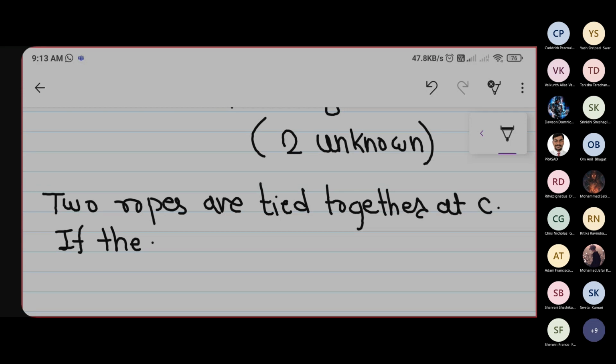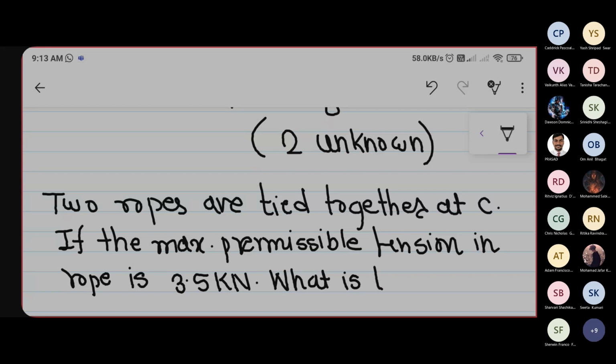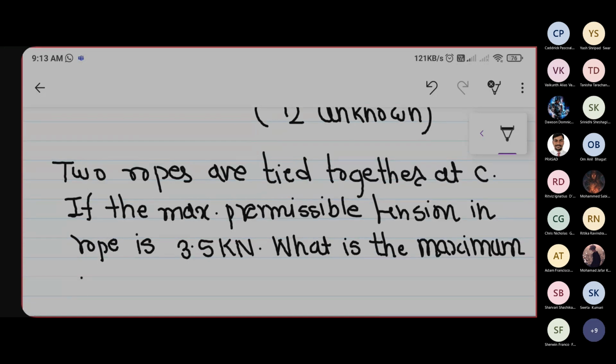If the maximum permissible tension in the rope is 3.5 kilonewton, what is the maximum force P that can be applied and in what direction?